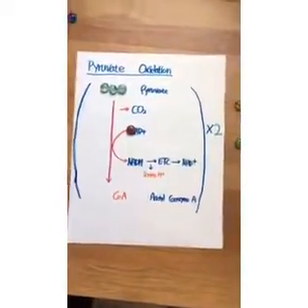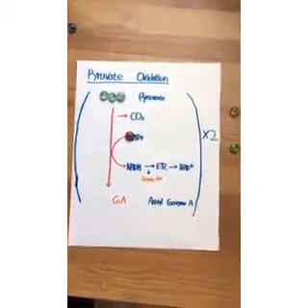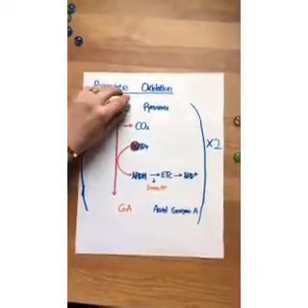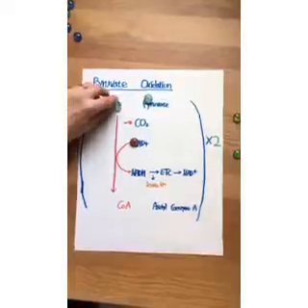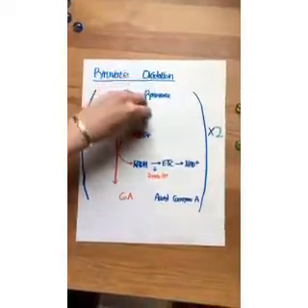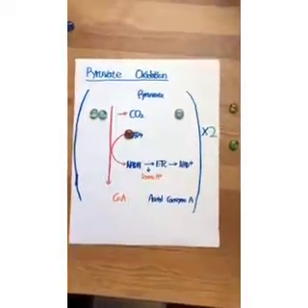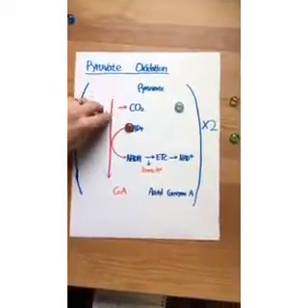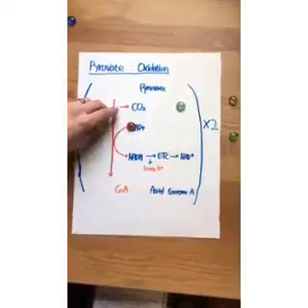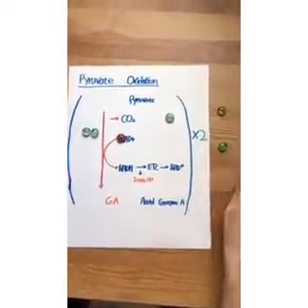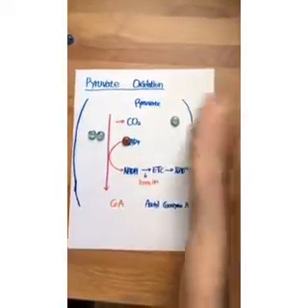A 3-carbon molecule of pyruvate enters through pyruvate oxidation. The carboxyl group is released as CO2 in the first step. The 2-carbon molecule remaining is oxidized and a compound called coenzyme A joins the 2-carbon group to form the acetyl-CoA.